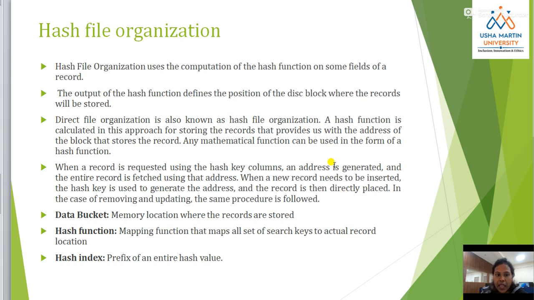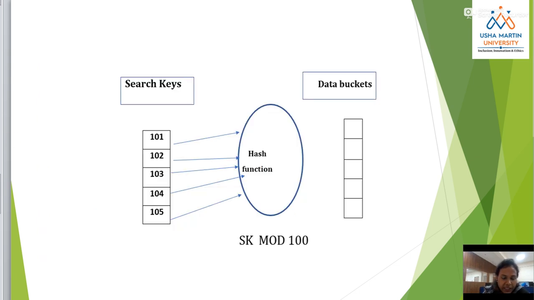Depending upon the hash value, if the hash value is 0, we put the data in data block number 0. If the hash value is 1, then we go to data block number 1. This way we arrange the records in the data blocks. This is the basic method for hash file organization.